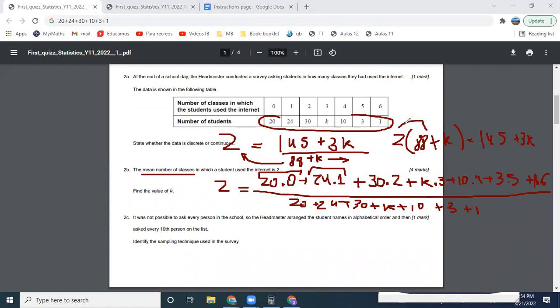So here we use the distributive property, and we get 176, which is 2 times 88, plus 2 times k is equal to 145 plus 3k. So now if we join the k's and the numbers, we get that k is equal to 176 minus 145, which is 31.